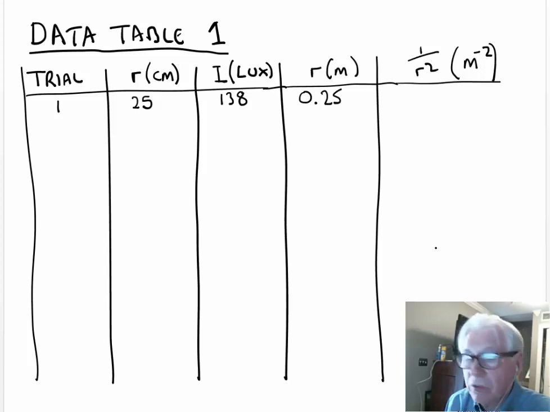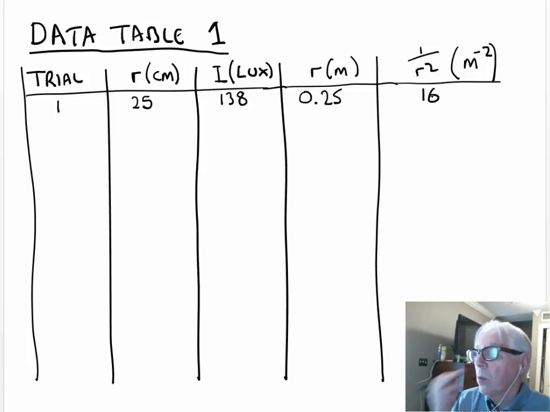Yeah, 1 over 0.25 squared is 16. 1 over 4 times 1 over a quarter is 4, and then 4 fours are 16. So that's 16.